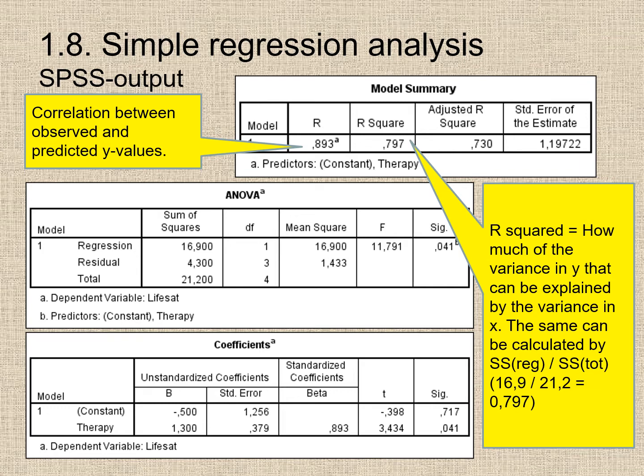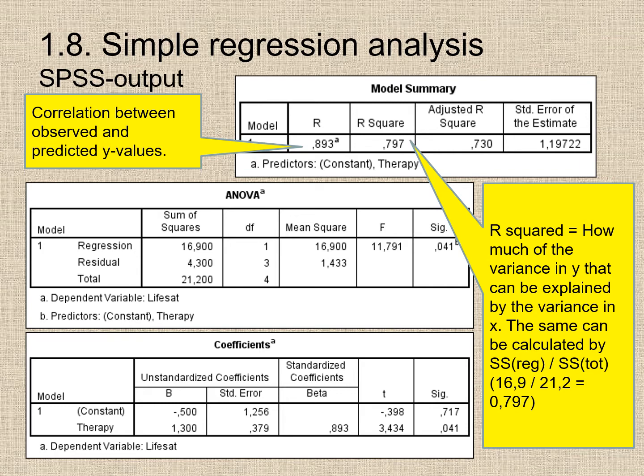We have a beta coefficient here, 0.9. What does it tell us? If amount of therapy increases by 1 standard deviation, what do we predict will happen then? If amount of therapy increases by 1 standard deviation, life satisfaction is predicted to increase by 0.9 standard deviations.